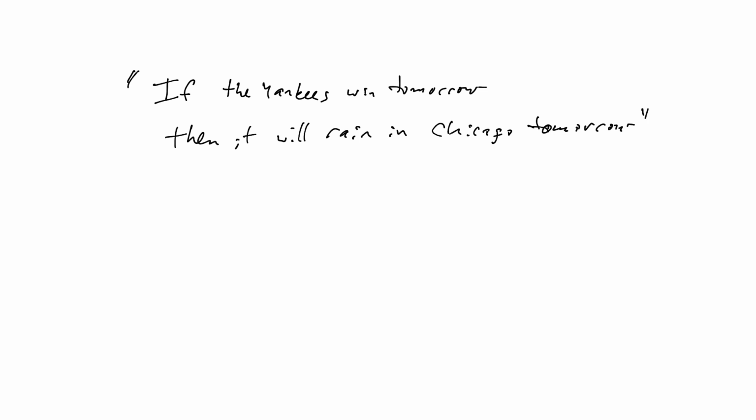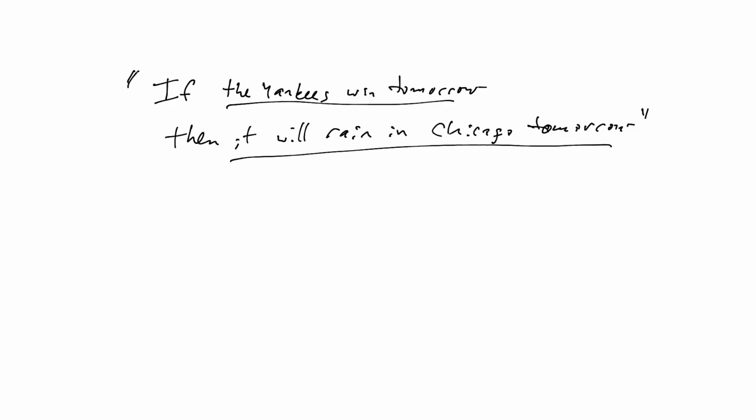Now, one of the confusing things about these if-then statements is that in the English language, when I say, if I win the lottery, then I will quit my job tomorrow, it's kind of like saying that one thing causes the other. But in this kind of logic, it doesn't matter if one thing is actually causing the other to happen. Like here it says, if the Yankees win tomorrow, then it will rain in Chicago tomorrow.